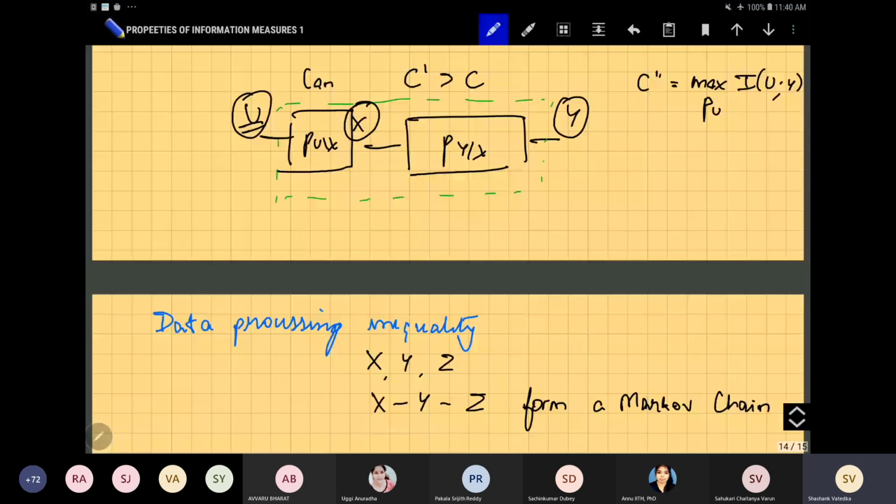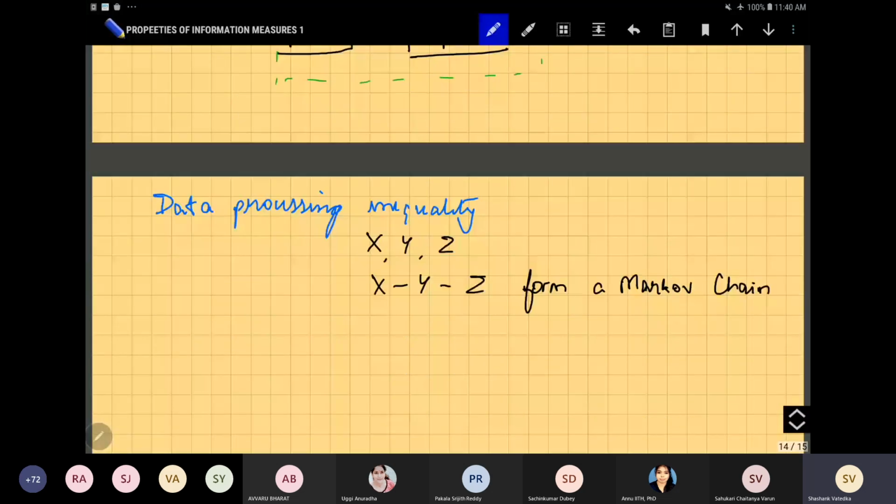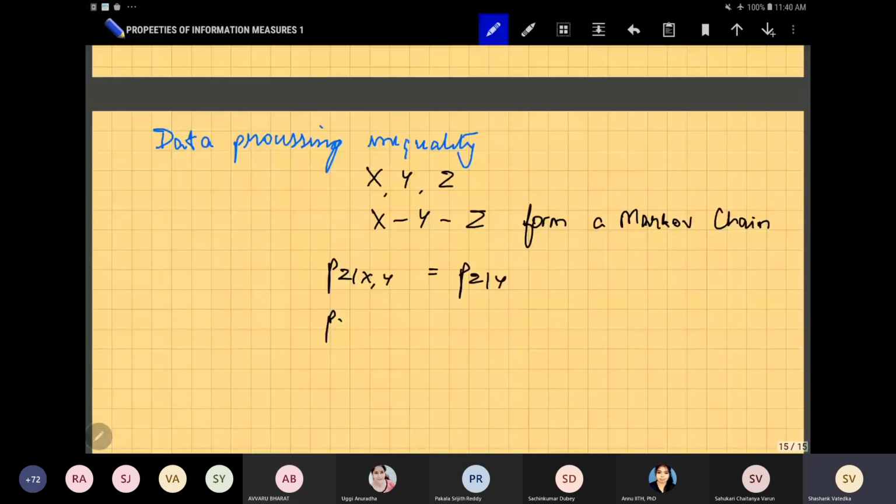So X, Y, Z form a Markov chain, which means that P of Z given X and Y is the same as P of Z given Y. And similarly, the reverse also holds. So P of X given Y and Z is the same as P of X given Y.